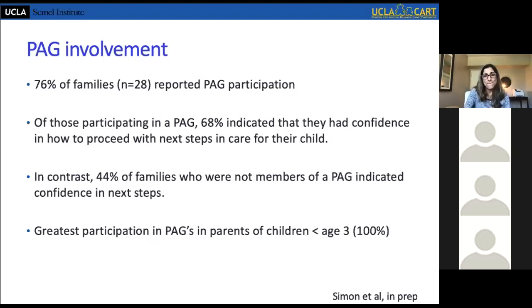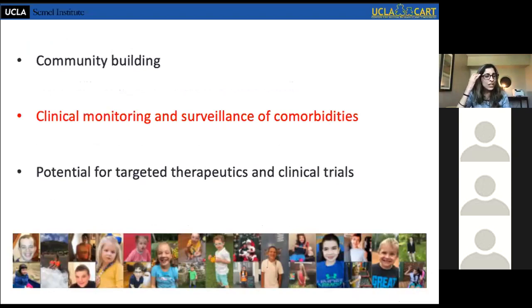But the second thing I tell parents, when they ask me why genetic testing, is that from a clinical standpoint, it can really help us with clinical monitoring and thinking about which comorbidities or other developmental challenges may be more specific to that genetic etiology.